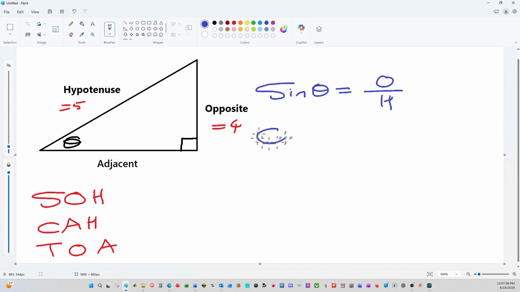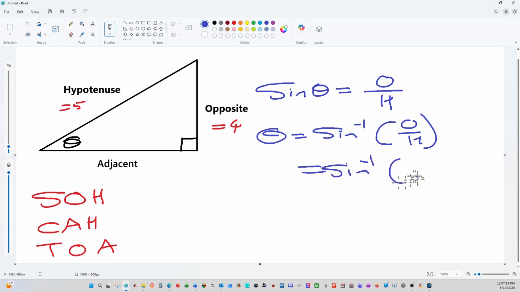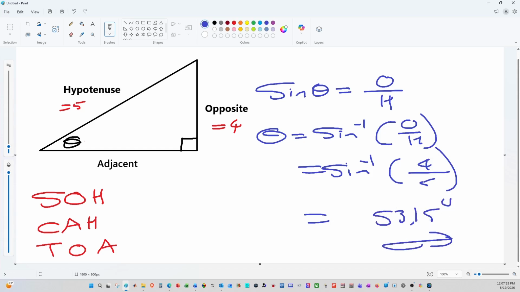We're trying to determine theta on its own, so it's going to be the inverse sine, or the arcsine, of the opposite over the hypotenuse, which is the inverse sine of 4 divided by 5. That will give me an answer of 53.15 degrees. That would be our first calculation.